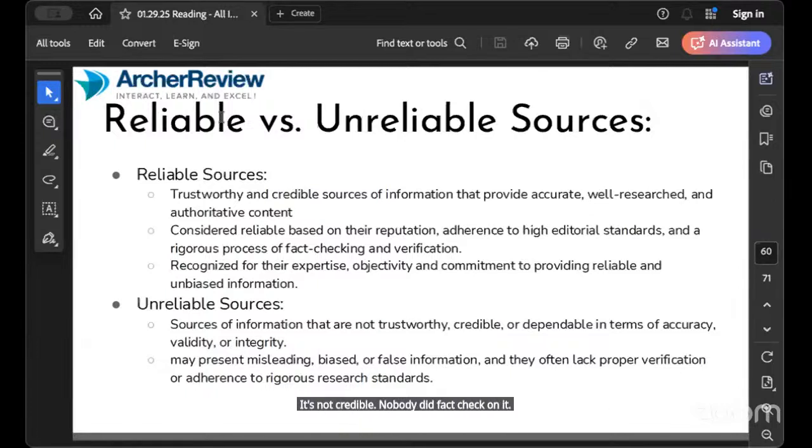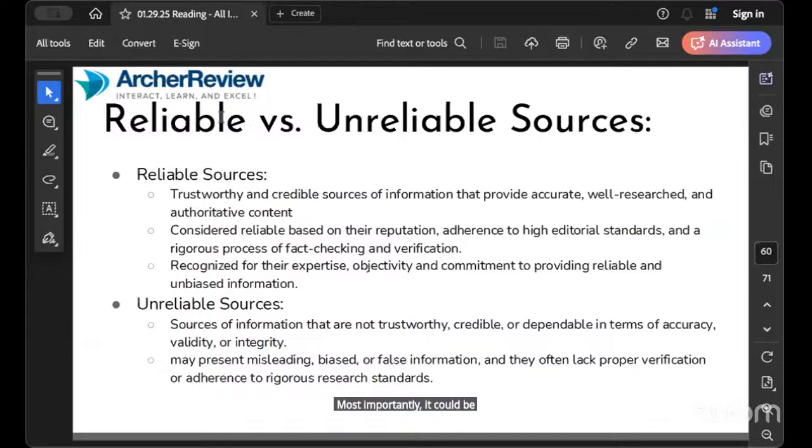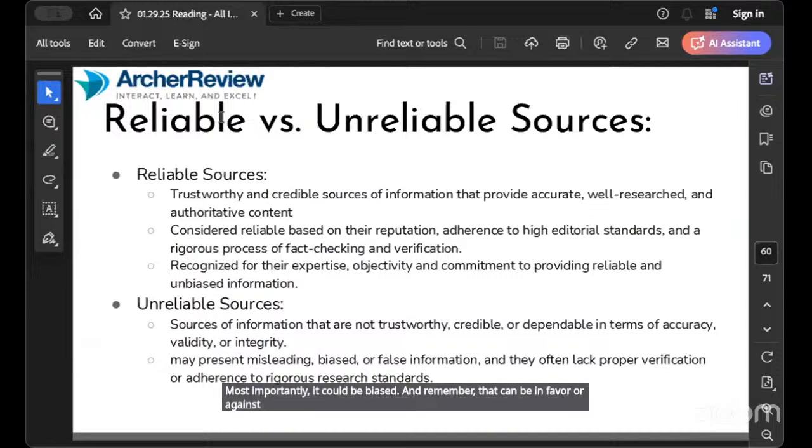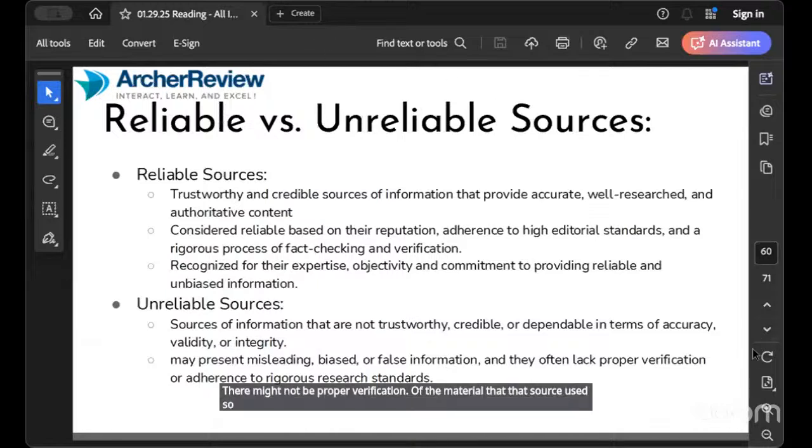You're not sure if there's actually accuracy or any validity to what that source is saying. It could be misleading. Most importantly, it could be biased, and remember that can be in favor or against something. Could be based off false information. There might not be proper verification of the material that source used. So, unreliable really opens up a whole can of worms.